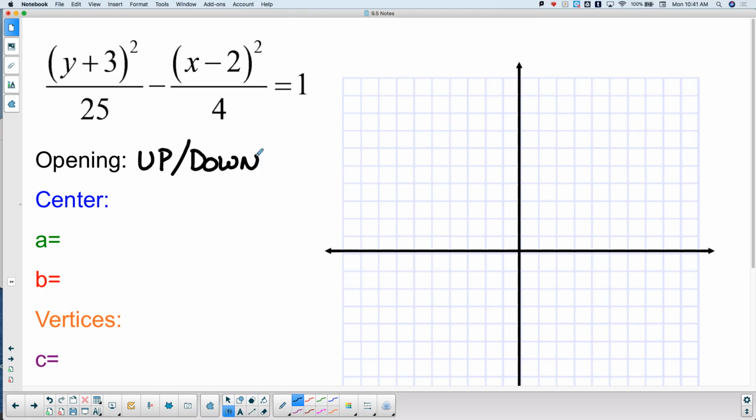Where's my center? 2, negative 3. Which is right down there. Make that look nice.